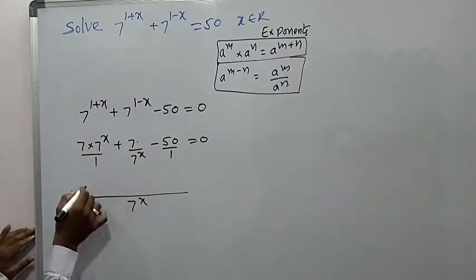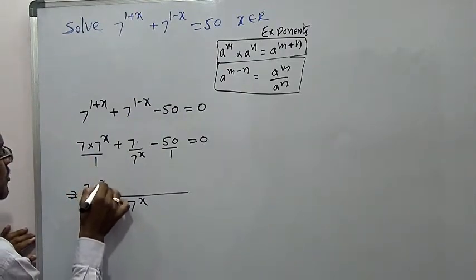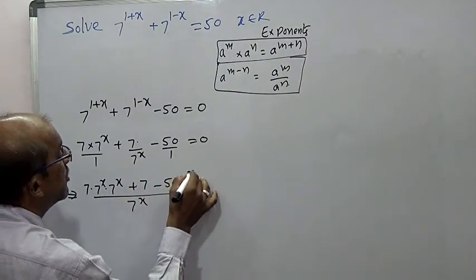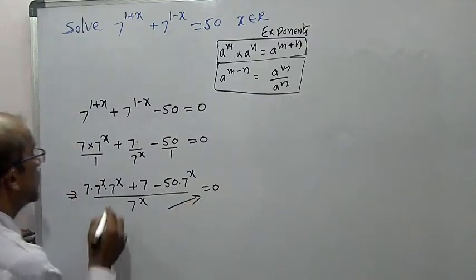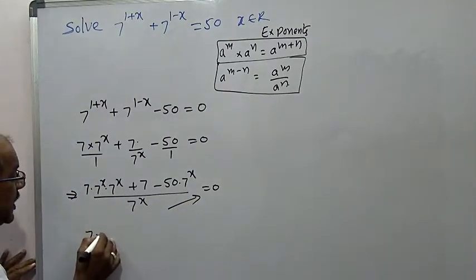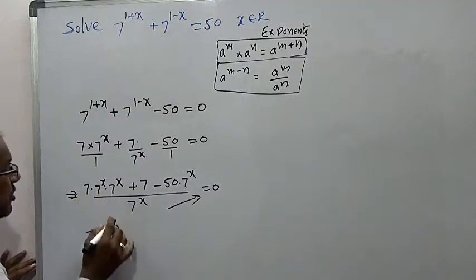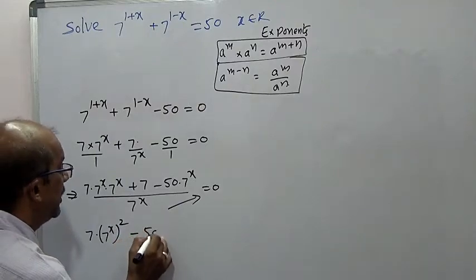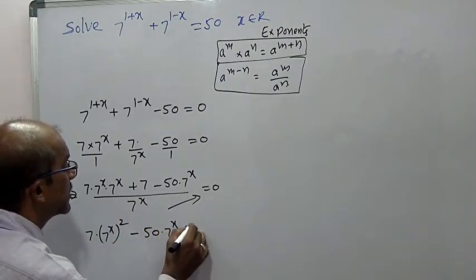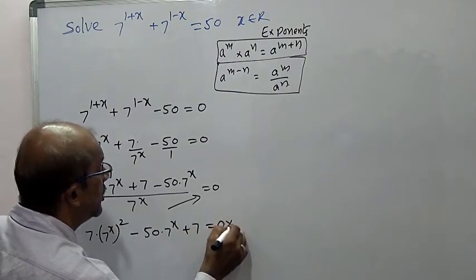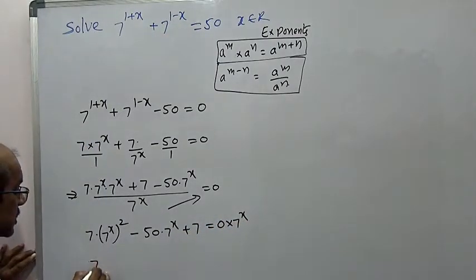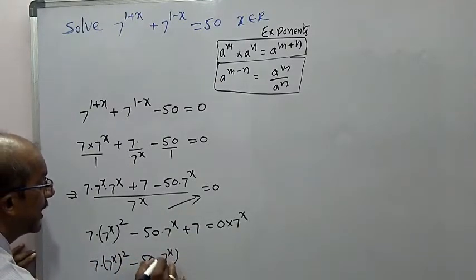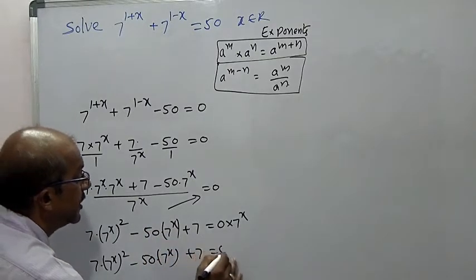So 7 power x is multiplied here: 7 into 7 power x into 7 power x plus 7 minus 50 into 7 power x is equal to 0. To transpose it, 7 into 7 power x whole square minus 50 into 7 power x plus 7 is equal to 0.